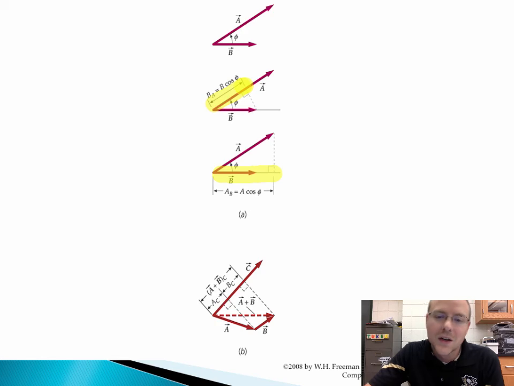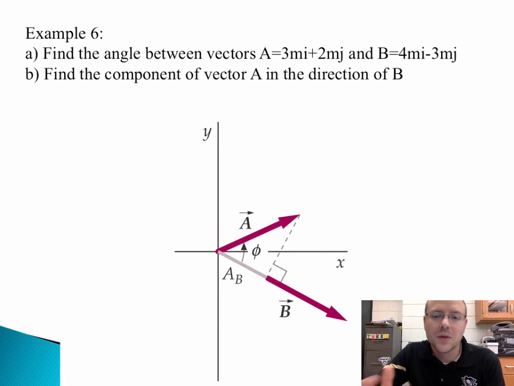So just like we did in that first example, here's another example that I would like you to try. Find the angle between vector A and vector B here. You've got A equaling 3 meters in the i direction, 2 meters in the j direction, and vector B is 4 meters in the i direction and negative 3 meters in the j direction.